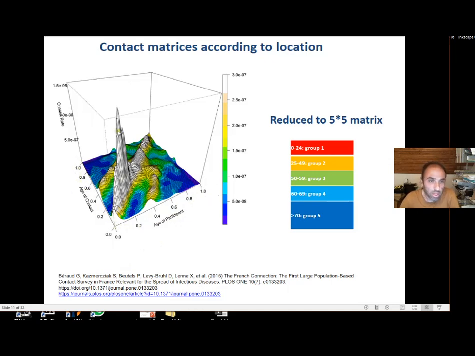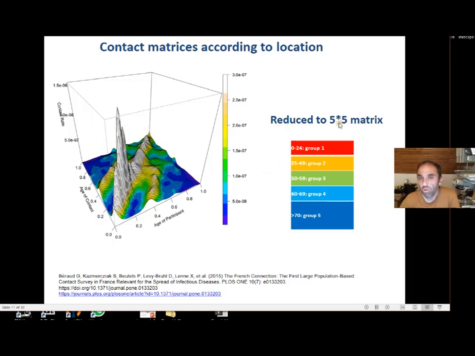For example, the large peak here corresponds to all the frequency and contact that young people are making between themselves, and the second peak here corresponds to the contact they made with the older people. And so you can use this to account for the contact matrix in the population across age groups.